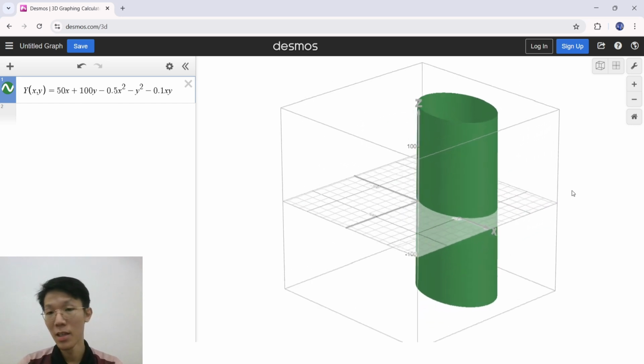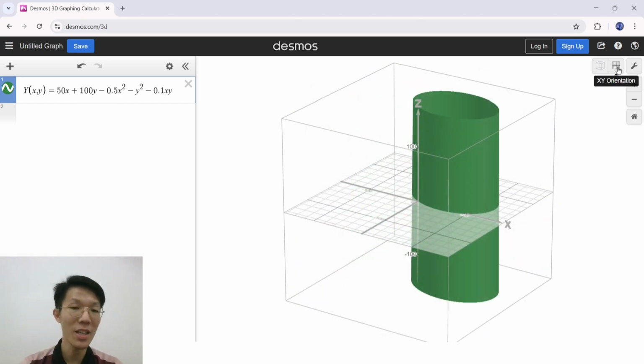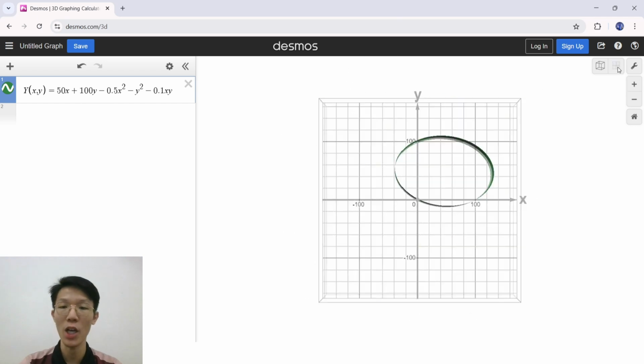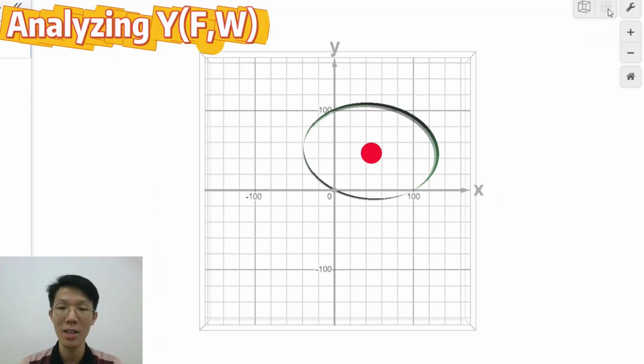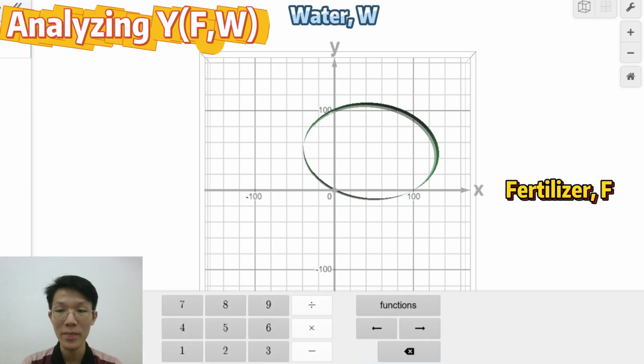It looks like a cylinder, maybe, but actually we can change this 3D into 2D with only one click of this icon. Due to this perspective angle, we can assume that the optimal point might be in the middle of this oval shape. Not only that, we know that the x-axis represents fertilizer, while the y-axis represents the water.